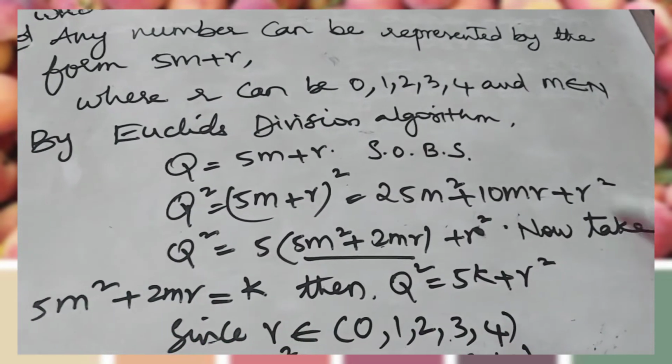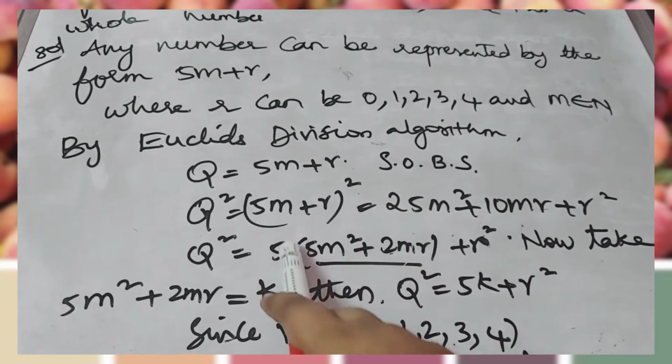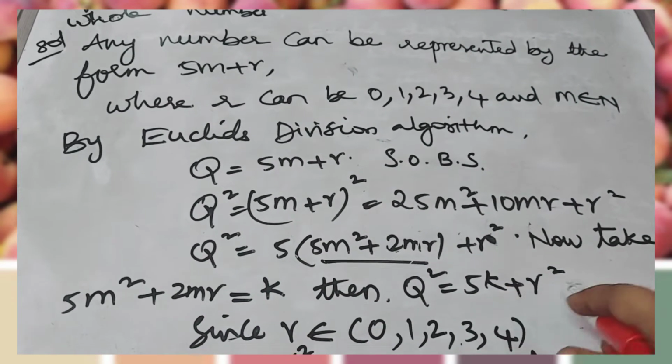Now take 5m² + 2mr equal to k. Then q² = 5k + r².